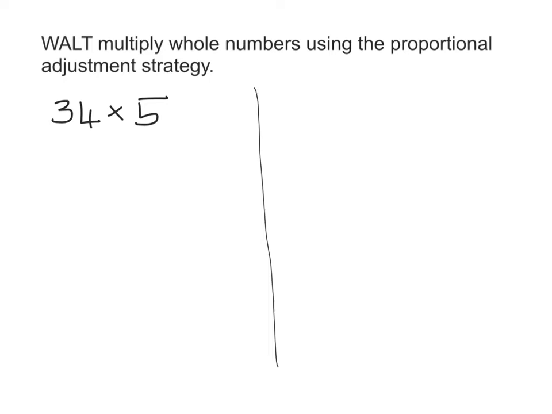So as I've just said, the strategy sees us turning one of these numbers to be multiplied into an easy number to multiply with. And you can probably see already that 5, by multiplying by 2, turns into 10, which is always a very easy number to multiply by.